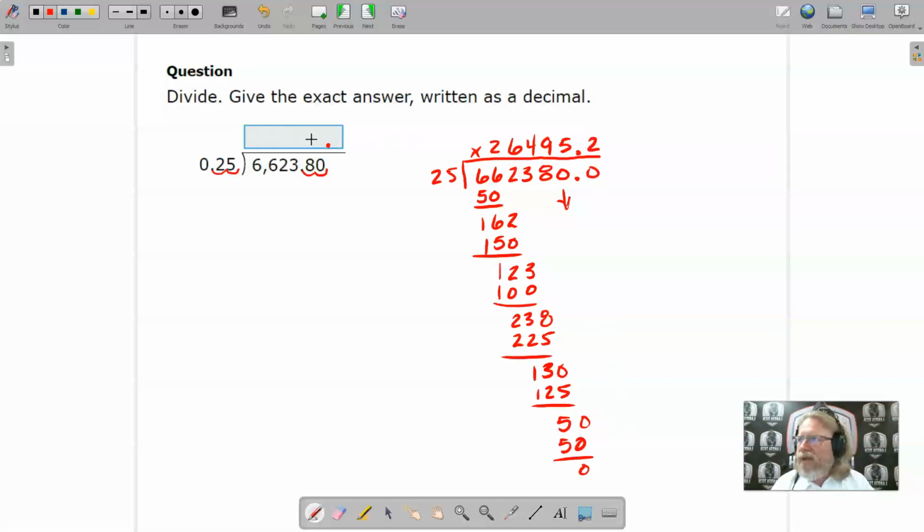So it is going to be lining up over this 26,495. Did I put 2, 6, 2, 3, 8, 0? Oh, yeah, that's right, because we moved the decimal over. Had to move the decimal over, that's why.